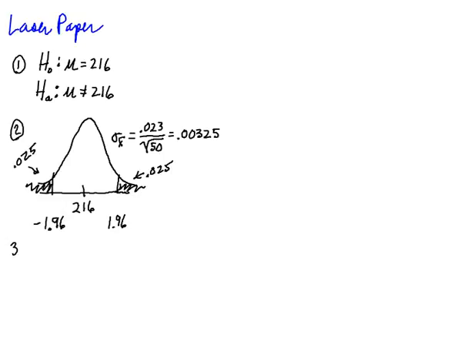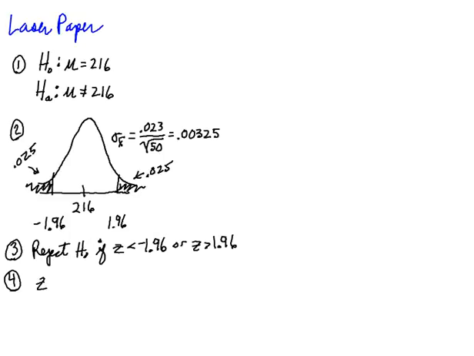So our rejection rule, we will reject H sub 0 if our test statistic is less than negative 1.96 or it is greater than positive 1.96.